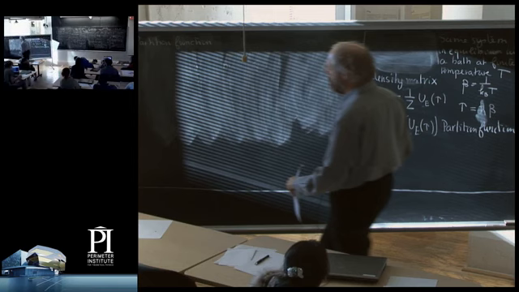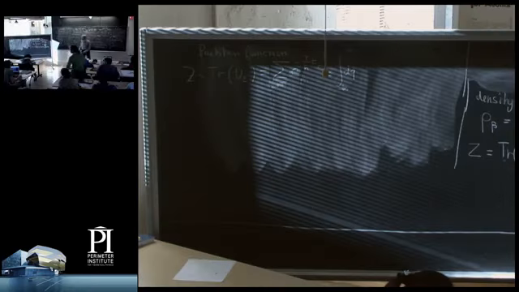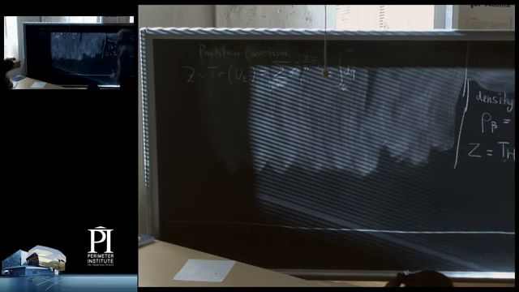But you can also rewrite it in the basis of position states. So you can rewrite it as an integral from minus infinity to plus infinity over the position of the system here.